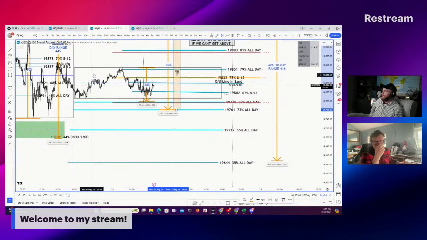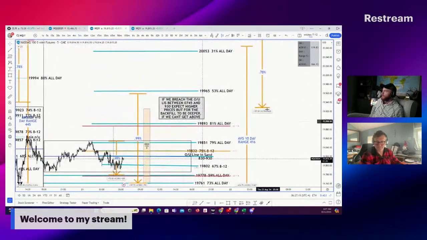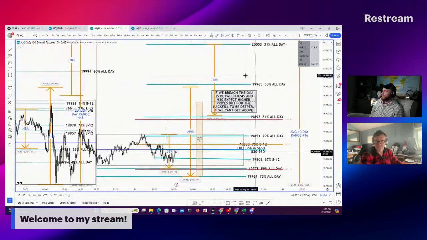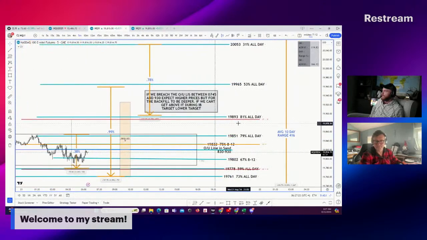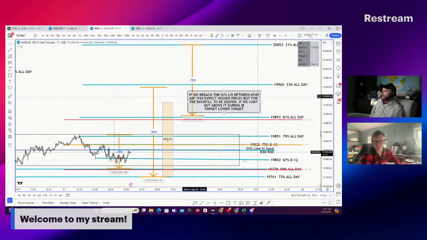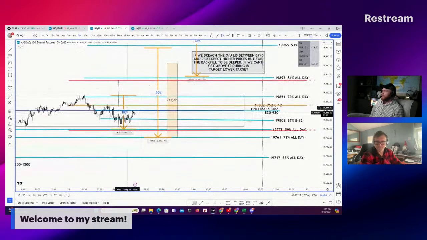Right now it hasn't shown its hand where daily momentum is shifting or daily distribution is shifting. So we can put this where we expect, and then we also know that we have to deal with this range right here. And we already know, based off of what Asia and London did and the database that we looked at, that the low of the day scenario is the highest probable scenario right now.